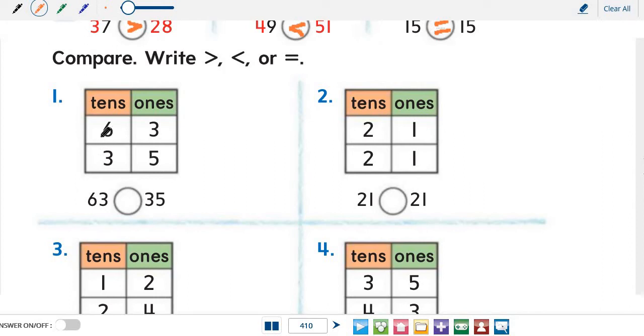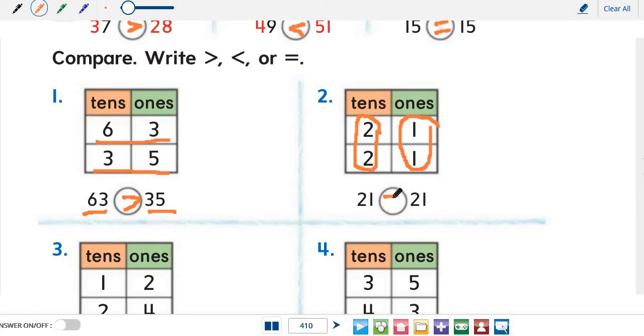Now let's solve question number 1. The number here is 63 and the number here is 35. Let's compare tens. 6 is greater than 3. So 63 is greater than 35. Question number 2, 21 and 21. We have the same digit for tens and the same digit for ones.